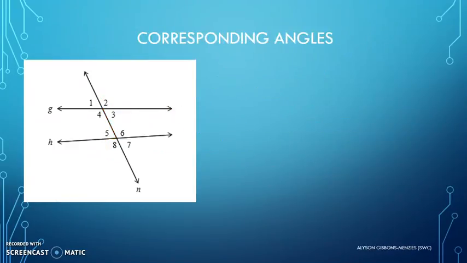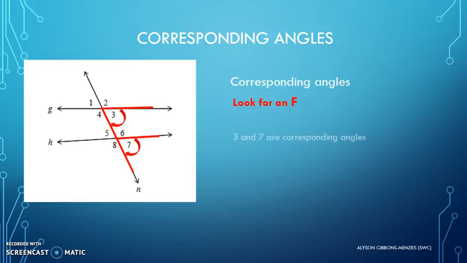Next we're going to look at corresponding angles. In order to find corresponding angles, we need to look for the letter F. Okay, so in the diagram on the left, 3 and 7 are known as corresponding angles.